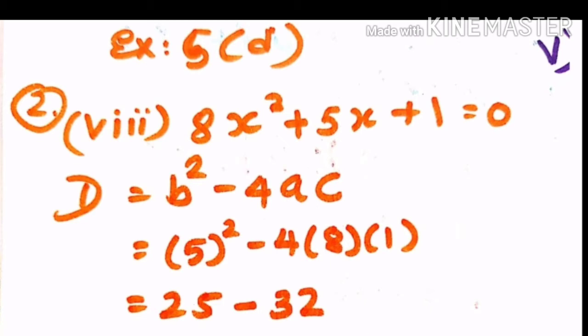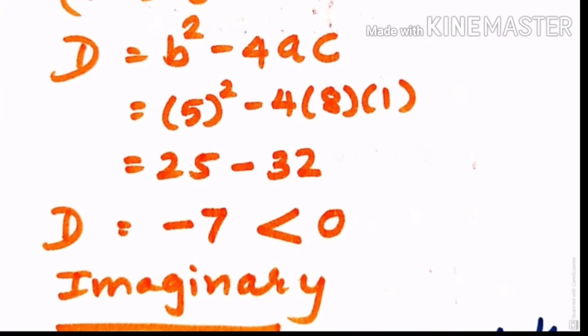So now you can understand my d value is negative. So d is equal to minus 7, that is less than 0. So our roots will be imaginary. We have just now seen that whenever it is a negative value, our roots will be imaginary. They will not be real.